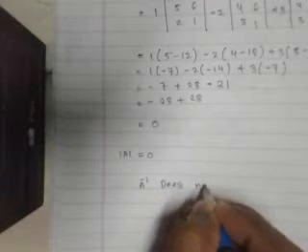Therefore A inverse does not exist. Since the determinant of the given matrix is 0, we cannot find the inverse of this matrix.